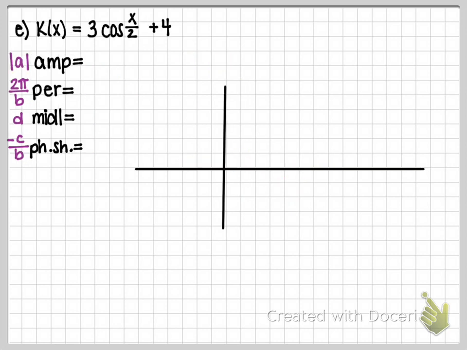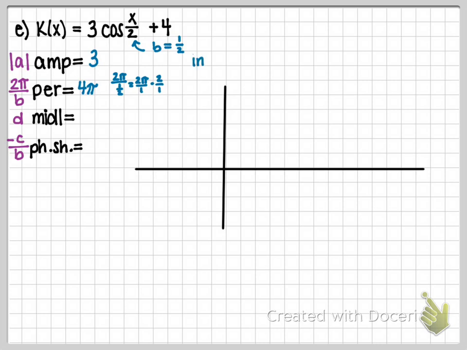All right. Now we've got everything thrown into 1. So our amplitude right here is 3. If you notice, that b value is actually 1/2. So when we take 2 pi divided by 1/2, that's the same thing as taking 2 pi over 1 times 2 over 1. So that will give us a period of 4 pi.